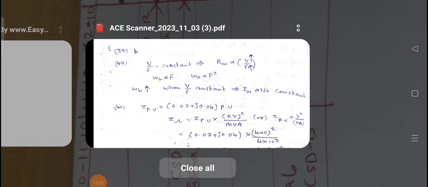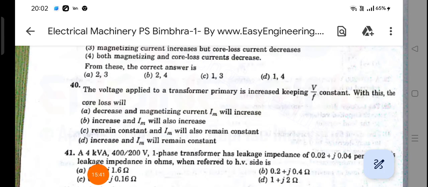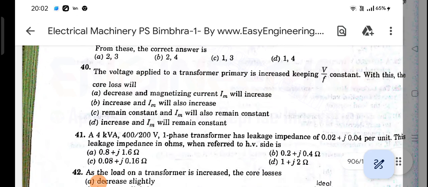Now from the given options, core losses increase, but the magnetizing component of current will be constant. So the 40th answer is D.